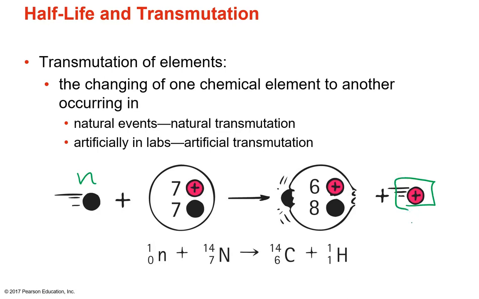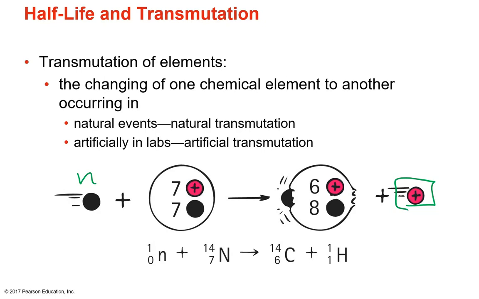But it's not a proton. It's what we call an anti-beta or a beta plus. In that case, you had a proton that decayed and produced a neutron and that positive anti-electron. And so it transmuted, it changed from a nitrogen-14 into a carbon-14.